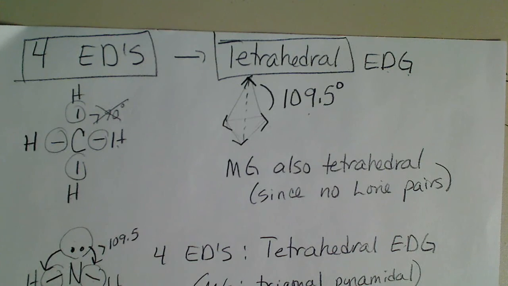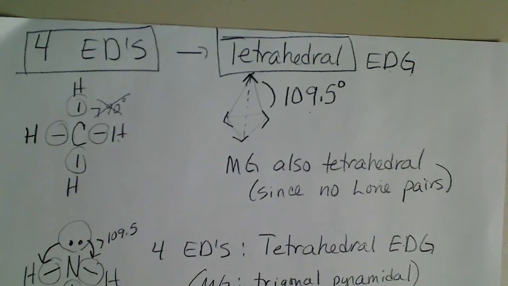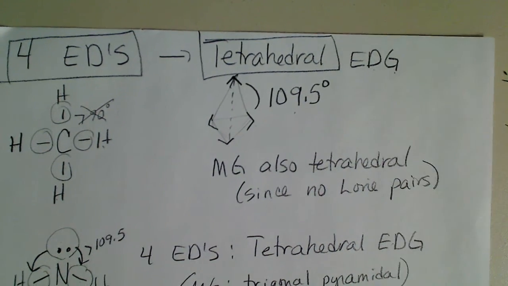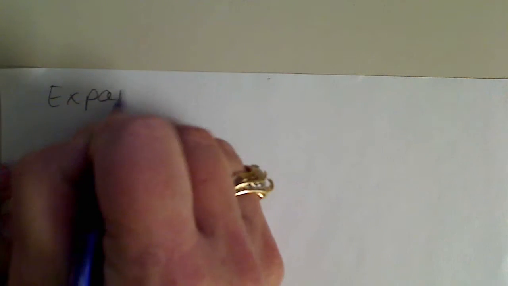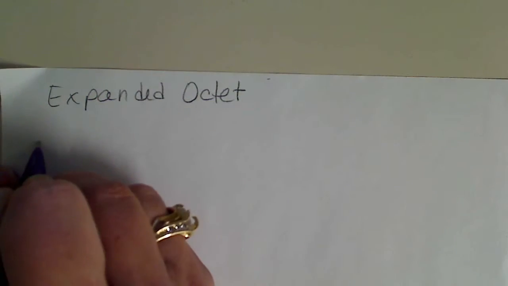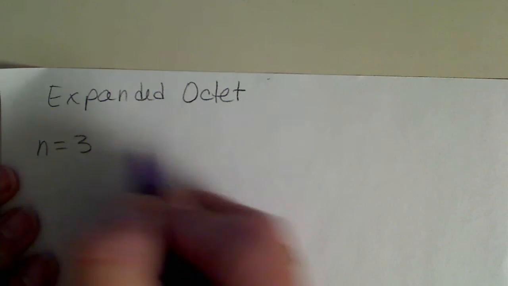If all of the electron groups have atoms there, then the electron domain geometry and the molecular shape will be the same. For an expanded octet, any atom that lives on the third row of the periodic table, so anything in the n equals 3 row.